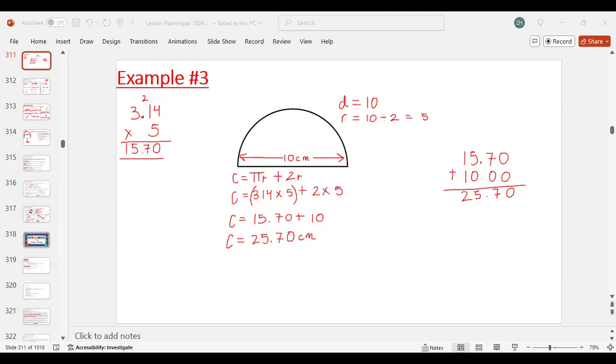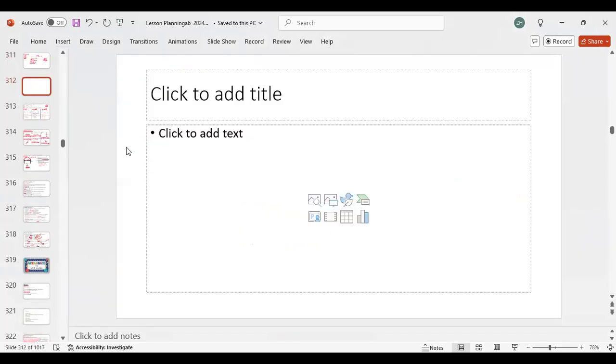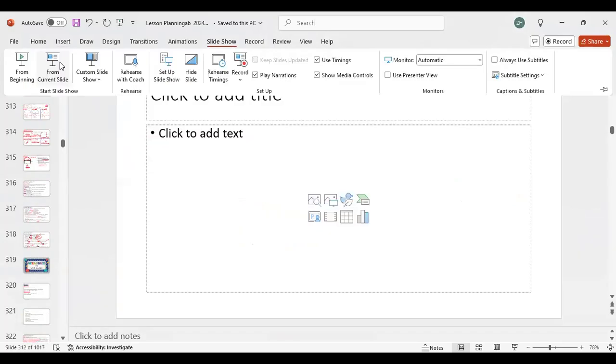What is the formula for the circumference of a full circle? That's what we started off with, half a circle. We said that the circumference of a full circle, write this down in your book, is 2 pi r.